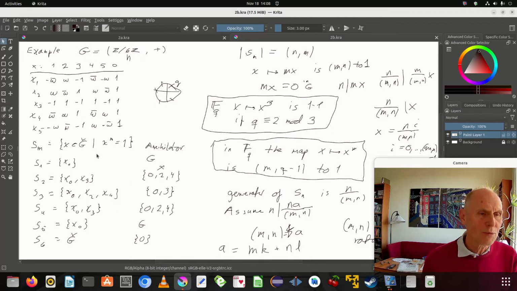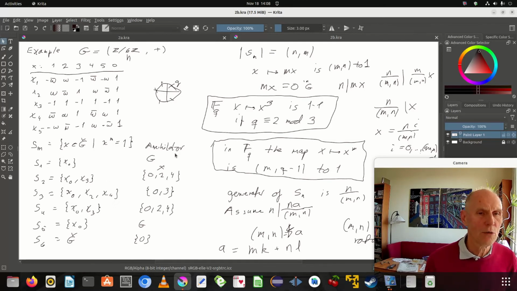So the subgroups of the one where some powers are unity I've written here. And then the annihilator, that's the number of points or characters on the character group that is trivial on these.